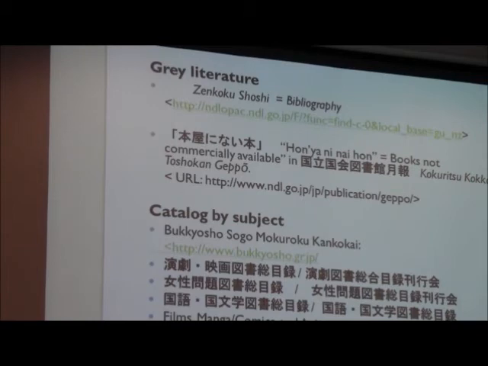Also Iseido published their own subject-based catalog too. If you are really searching for books on that particular subject, those are very useful. But those are compiled by, I think, Tohan, so they are mostly trade books, not grey literature or minor publications, so you have to pay attention to that.